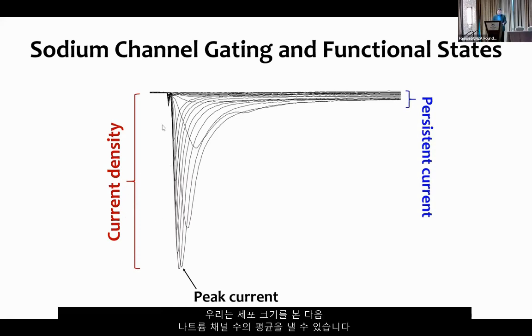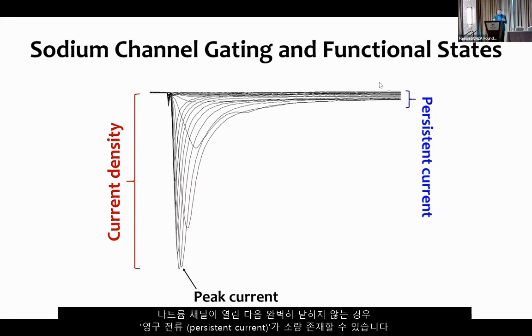We can look at the size of the cell and then equate the number of sodium channels that must be firing into what we call current density. This is a standardized measure. And if you have more or less current density, you can start to interpret that as gain or loss. If there's no current density, clearly a loss of function. If there's a massive amount of current density, which is not that common, we could call that a gain of function.